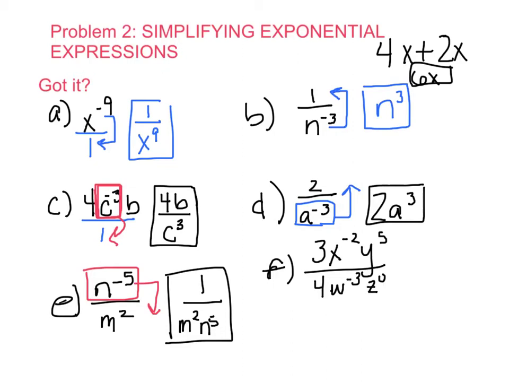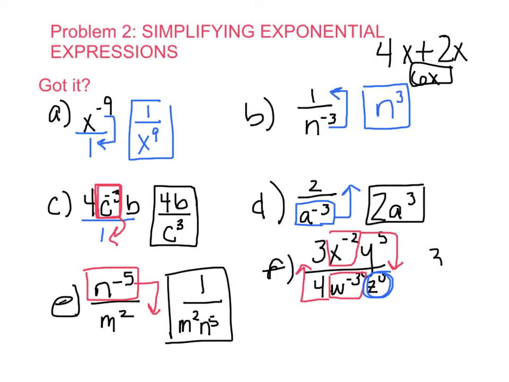We're going to do a hard one. In this problem, the x to the negative 2 has to go to the bottom because that's negative. The w to the negative 3 would have to go to the top. And the z to the 0, anything to the power of 0 is 1.